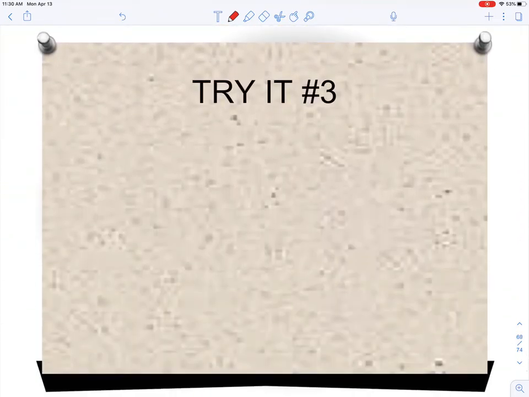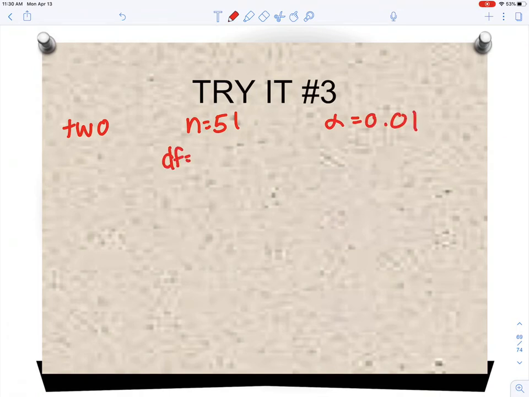Example 3. Find the chi-square values for a two-tailed test when your n is 51 and your level of significance is 0.01. Start out by finding your degree of freedom. 51 minus 1 is 50.